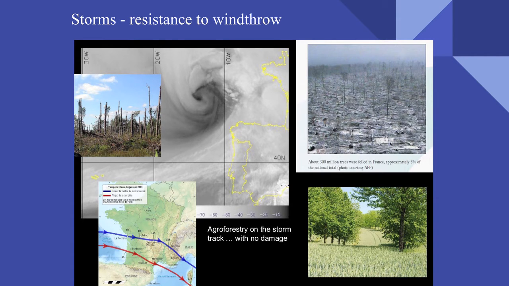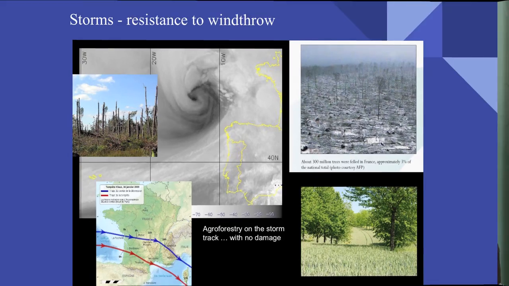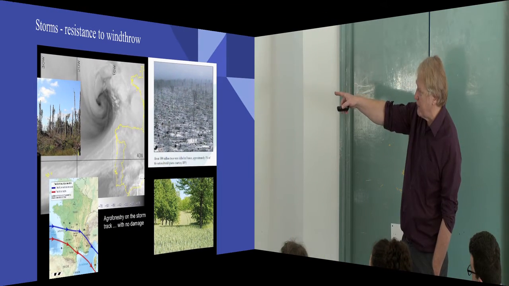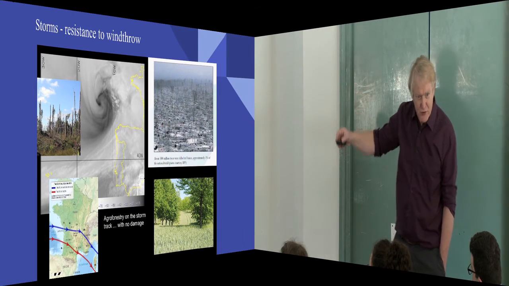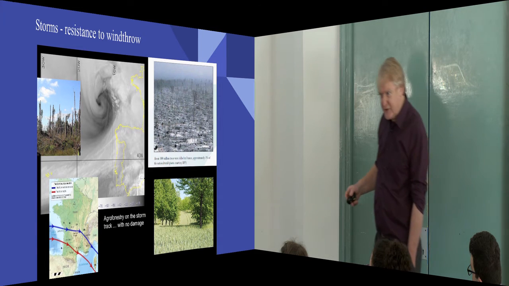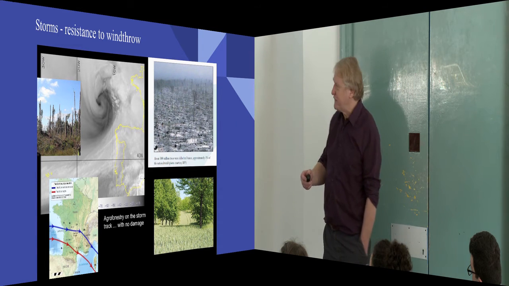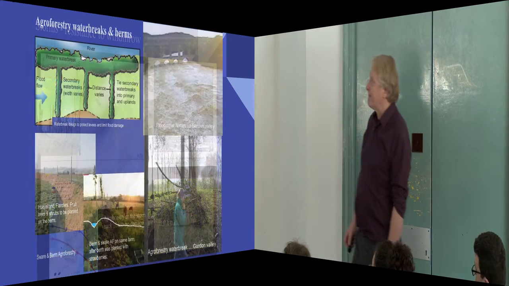The two pictures on the upper part are showing damage to conventional forestry. That track, the upper track, went through this agroforestry area the previous winter, and as you can see, there's no damage whatsoever. So having deeper rooted trees is some significant benefit.